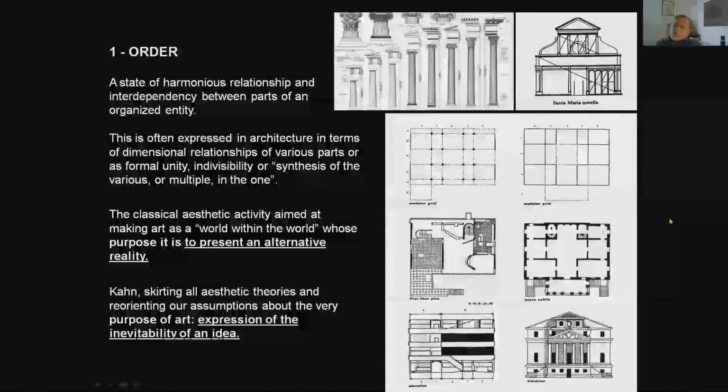Order. Mostly we understand order as a kind of harmonious relationship and interdependency between parts of an entity, an organized being.